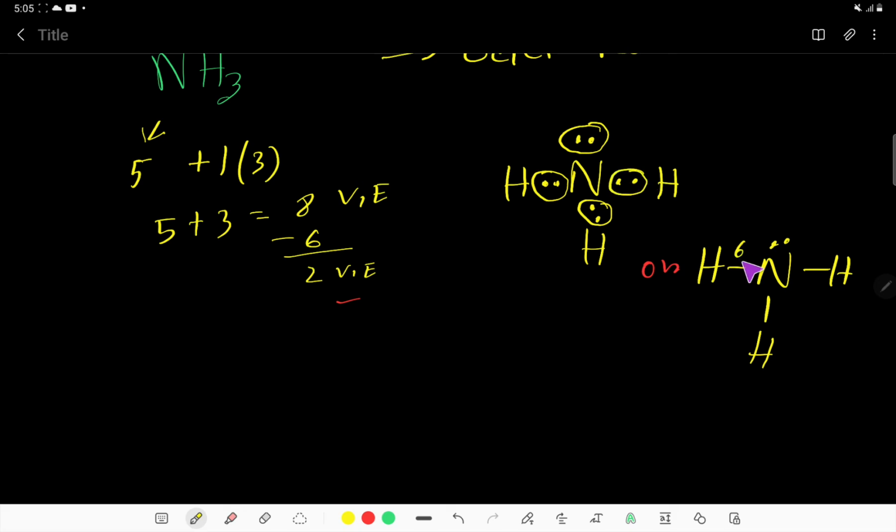That is, every sigma bond and lone pair is considered an electron region. So here we have 1, 2, 3, 4 electron regions or steric number. So we need 1 s and 3 p orbitals. That is, here the hybridization of nitrogen is sp3, right?